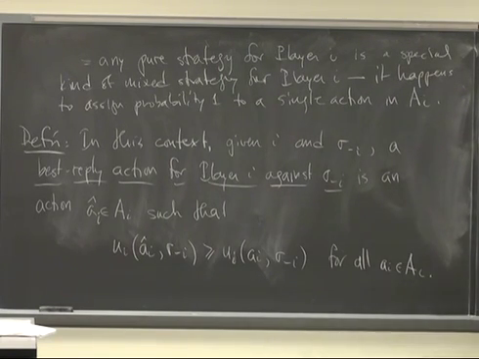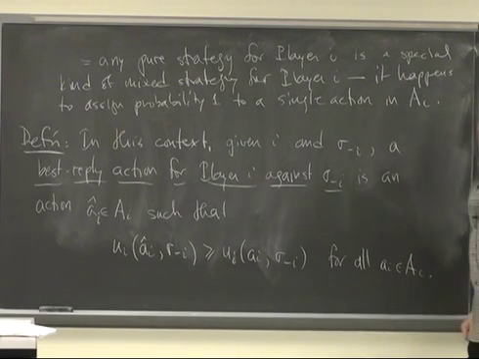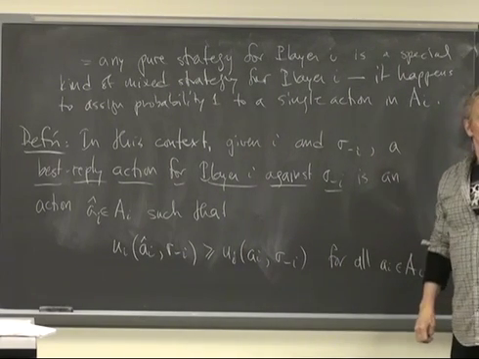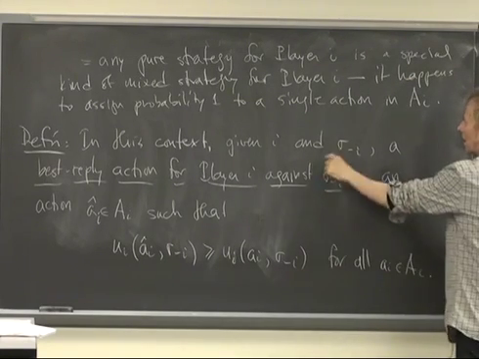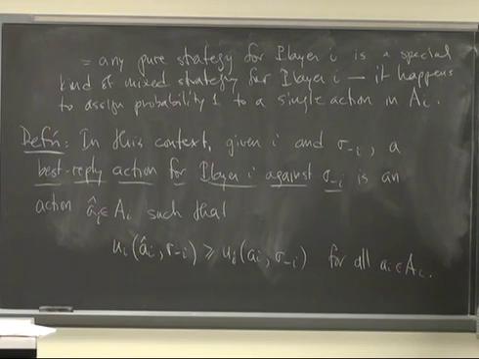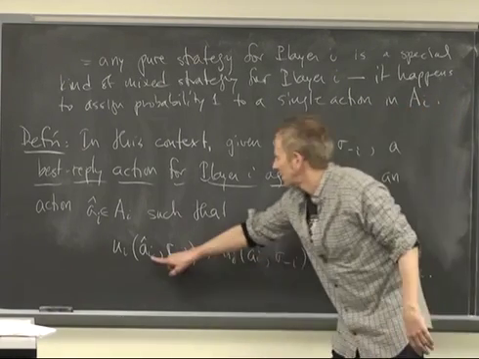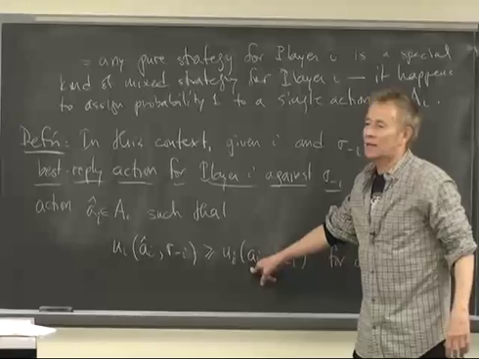Okay, so let's think about this definition for just a second. What does it mean? If I'm player i, and the other players all announce they're going to play a certain mixed strategy, so now I have sigma sub minus i, I'm going to want to play a best reply action to that opposition strategy because that gives me the highest expected payoff of any of my actions.